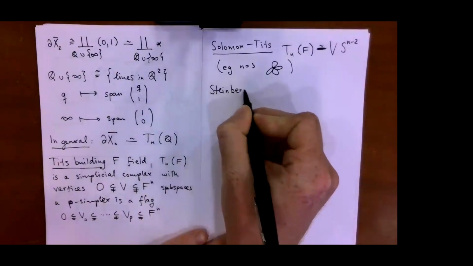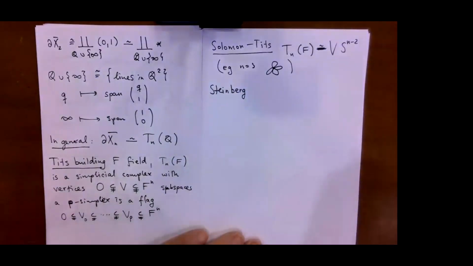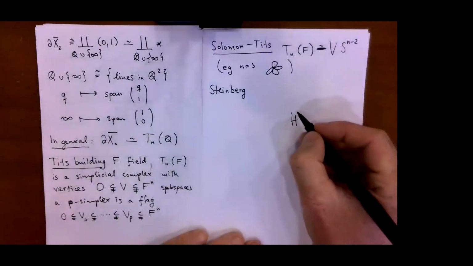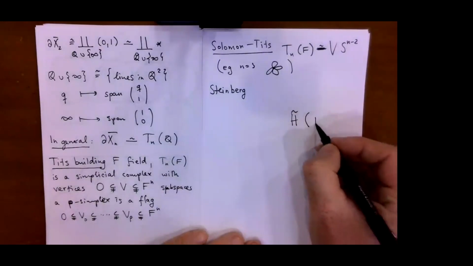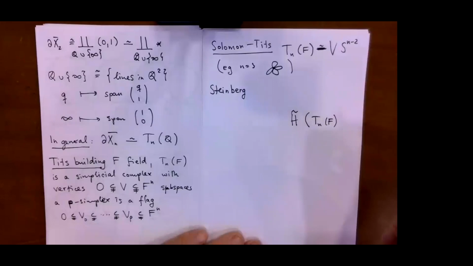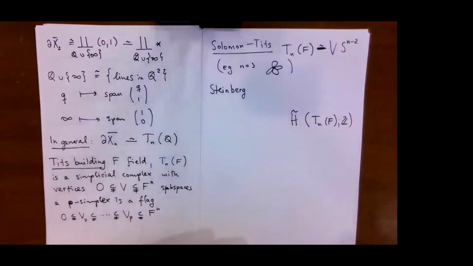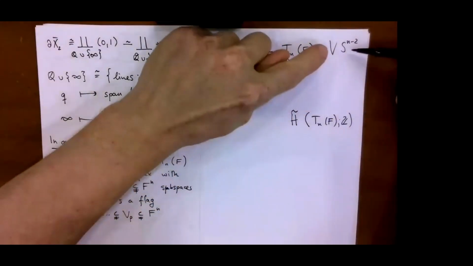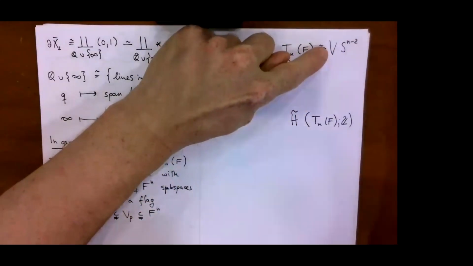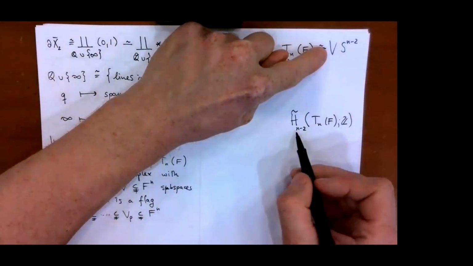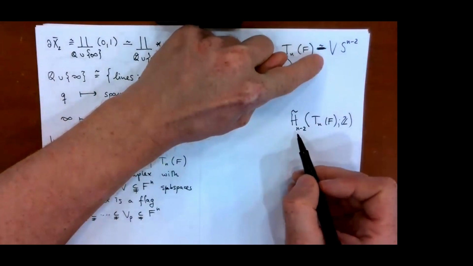In particular, let me maybe write something else first. But in particular, this means that the reduced homology of this space, let's say with Z coefficients, the reduced homology of a wedge of spheres is concentrated only in the degree of these spheres. That's the only reduced homology that this space has.